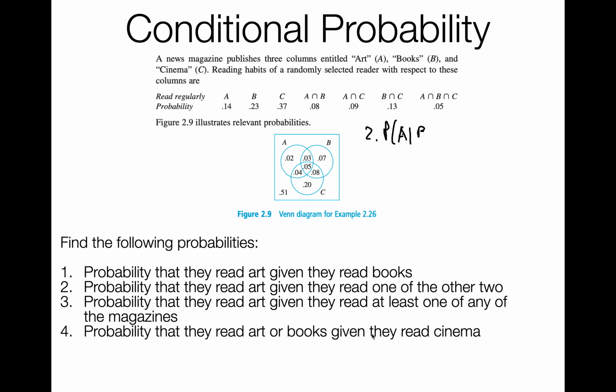So it's A given B or C, and that equals A and B or C divided by the probability of B or C. Now we need to start thinking critically about our Venn diagram and where our probabilities are going to come from.